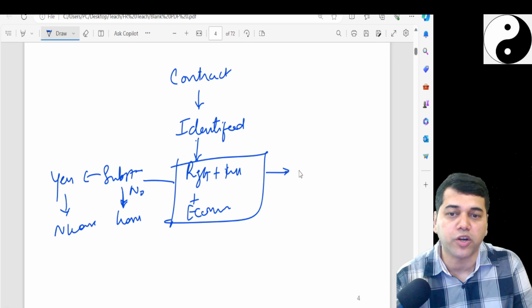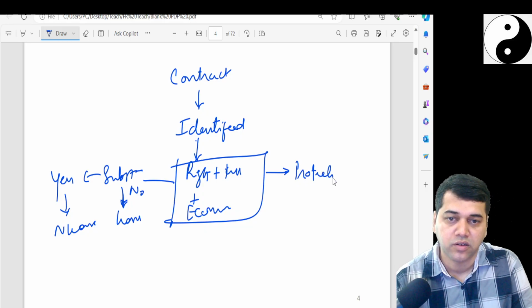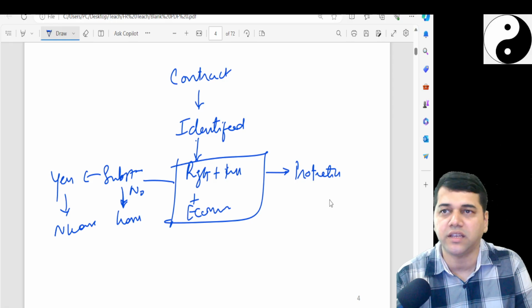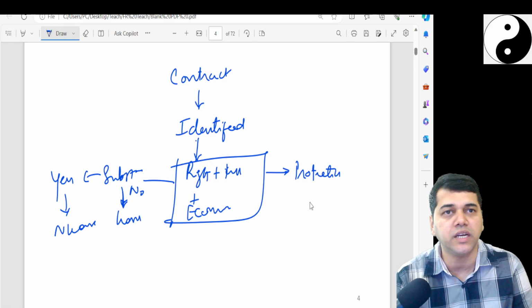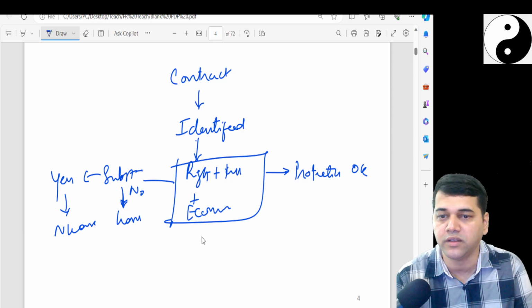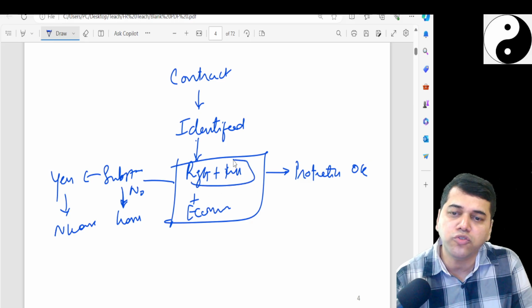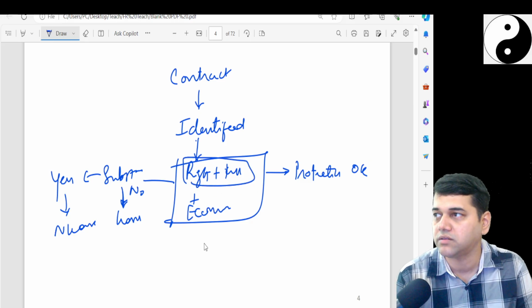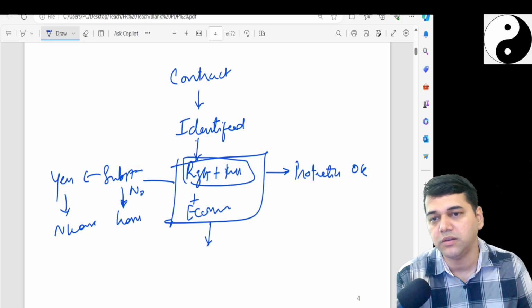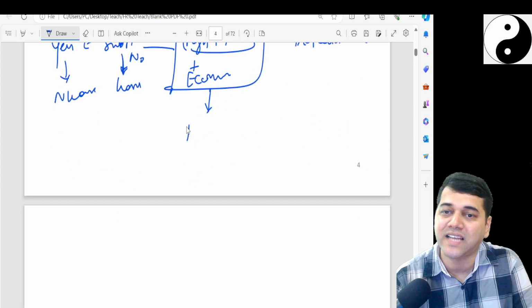Now, what about protective rights? Protective rights can be there, not an issue. You can continue with that. Protective rights are not going to stop you from using the asset. But right to use means what? Right to use means right to decide.